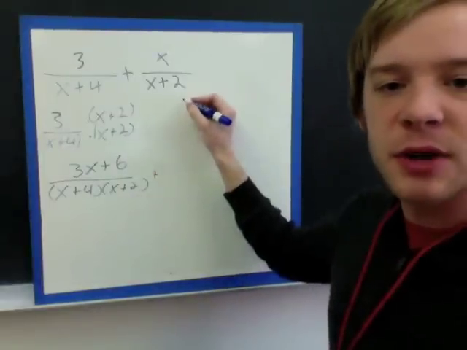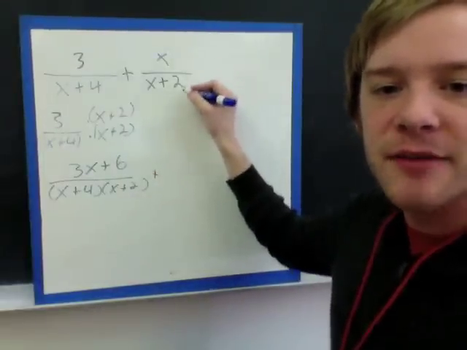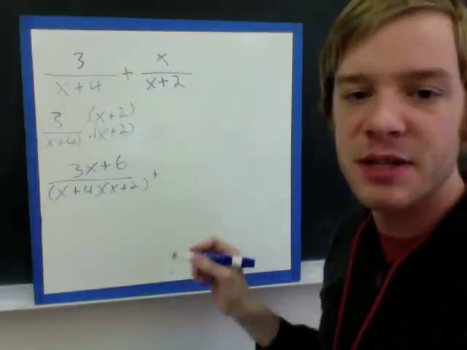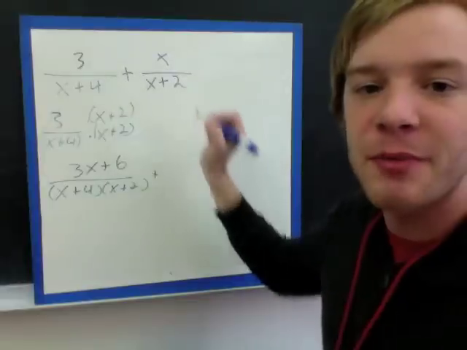The second expression over here, I have the x plus 2 in the denominator, but I'm missing the x plus 4. So I'm going to multiply both the top and the bottom times x plus 4.